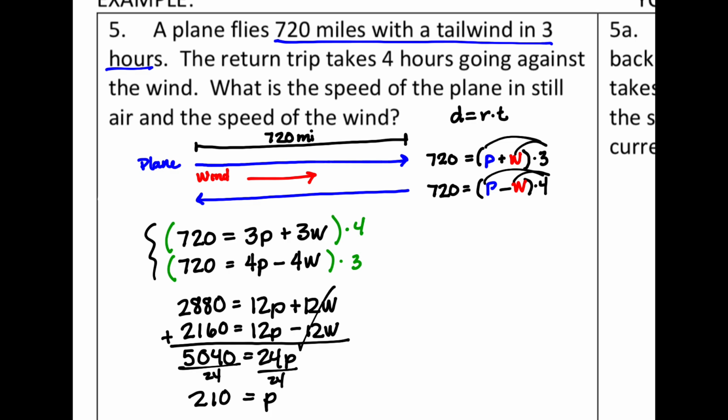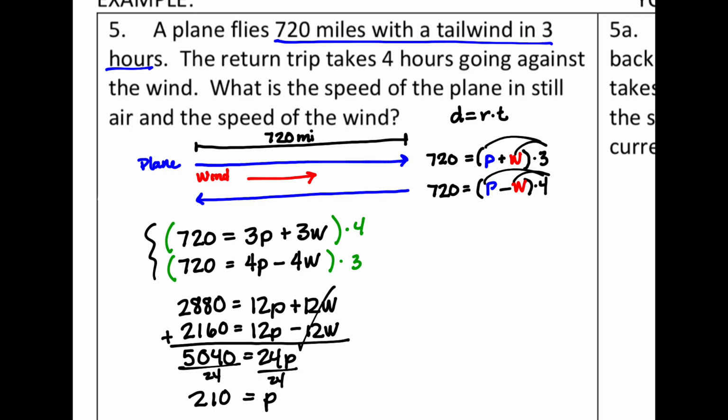Okay, what did I just find? P. What did P represent? The plane. Okay, specifically the speed of the plane in still air. Okay, without a wind. That's what it's asking. So without the red part, I just need the blue part.